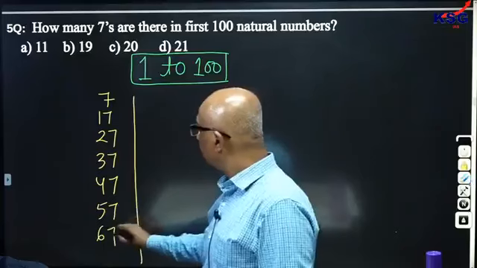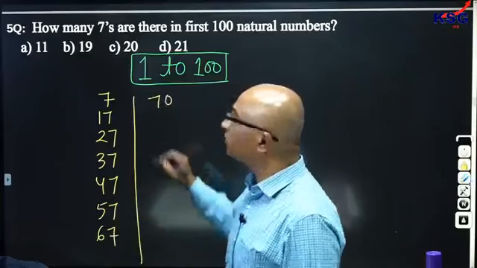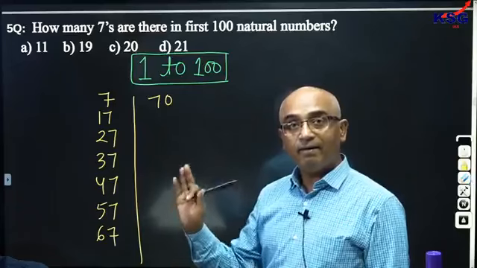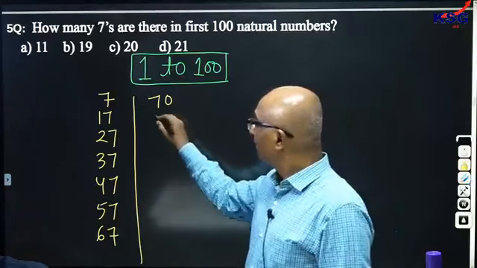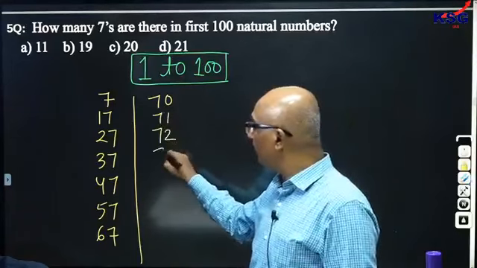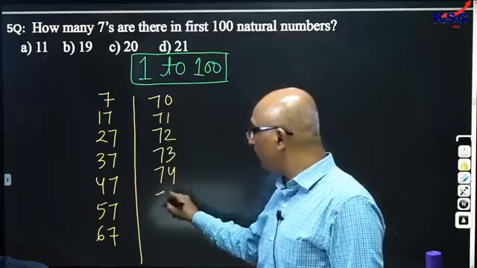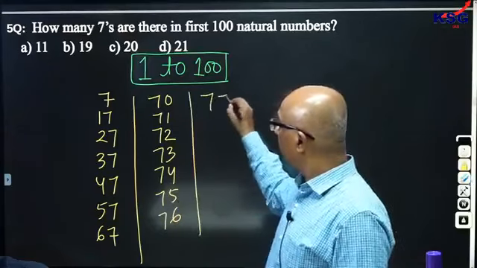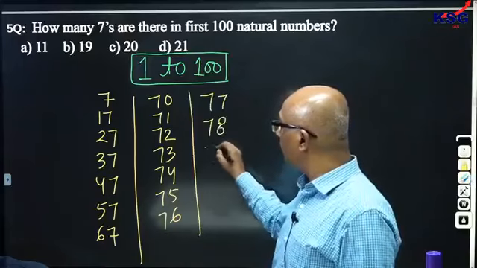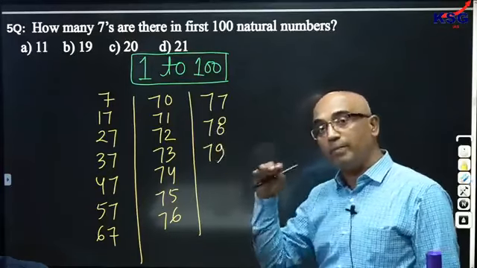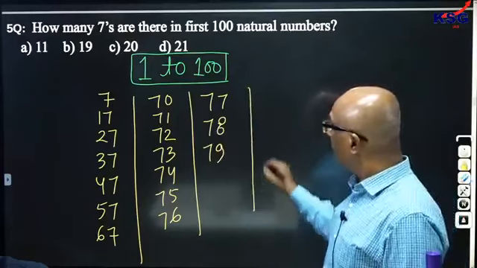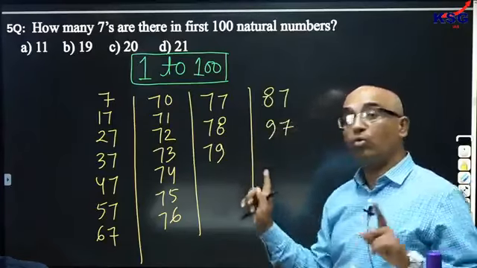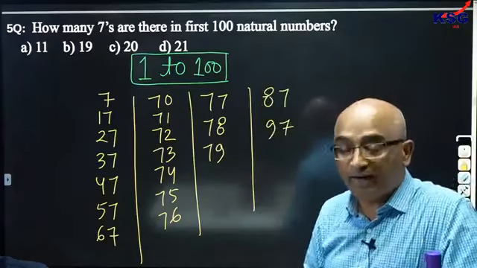Student, 70 is also a number which contains one 7. Then 71, 72, 73, 74, 75, 76, 77. These are the numbers which contain 7, which we had to imagine. Now 87 and 97. Student, these are the only numbers which contain 7.